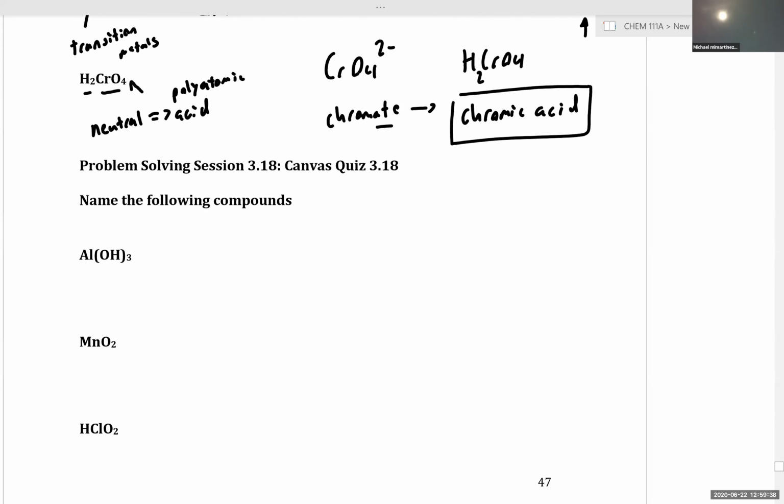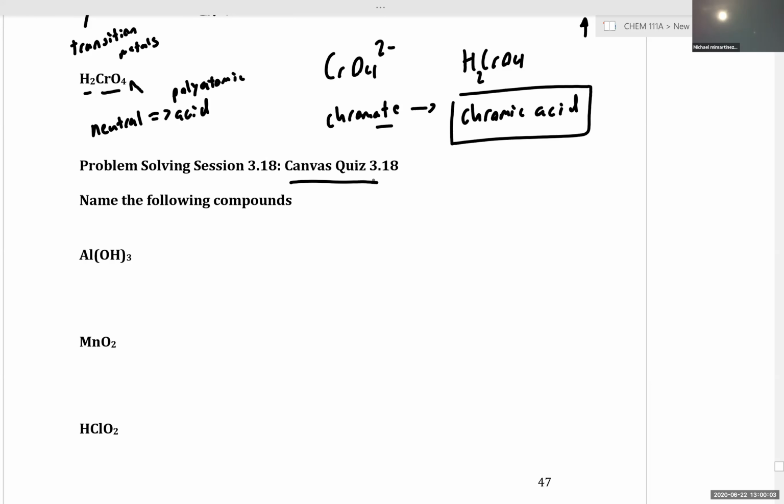So I'd like you to take a moment and focus on naming the following 3 compounds, and you can submit your responses in the chat or via Canvas quiz 3.18. Practice really does make perfect for nomenclature, and this array of examples are exactly how these kinds of questions will be presented on a quiz or exam.